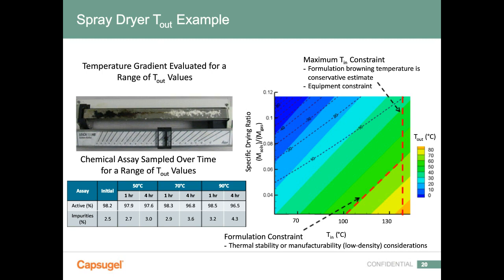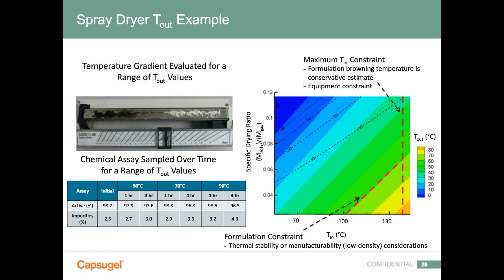So we're balancing this thermal constraint within the spray dryer and the evaporation kinetics to the overall product profile of the molecule itself. What we did on a quick study here on the bottom left was tracking impurity growth of a specific peptide at different outlet temperatures and times.